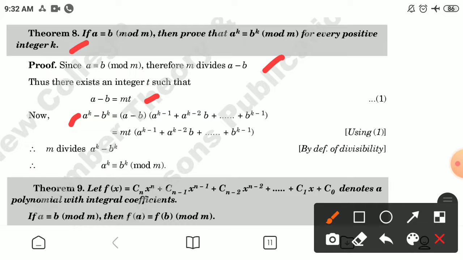This is equal to a minus b into a^(k-1) plus a^(k-2) into b plus so on plus b^(k-1). Using the first, this is equal to mt into a^(k-1) plus a^(k-2) into b plus so on plus b^(k-1). Therefore m divides a^k minus b^k, therefore a^k is congruent to b^k mod m.